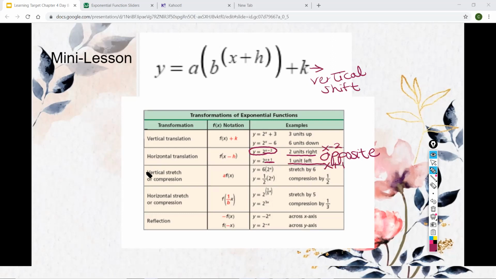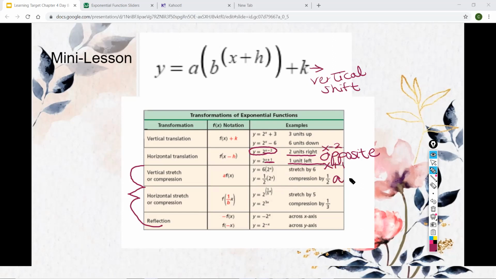All right, these are the 3 that we have not talked about that you need to write down. Okay, and they can go on the back of that sheet or they could go on notebook paper. So the number in front, I told you guys that that was the initial value, but it's also going to be a stretch or a compression.